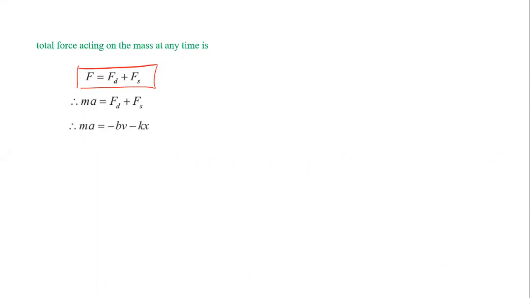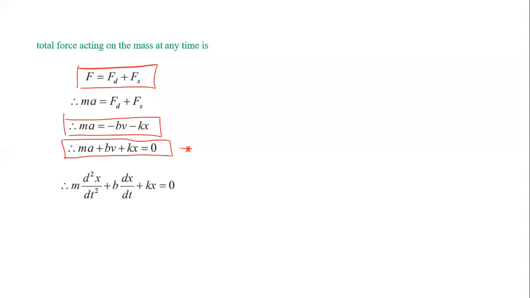So ma is equal to minus bv, and Fs is minus kx. So we substitute and we get this formula. Now we transfer this minus bv and minus kx to the left hand side. So we get the formula: ma plus bv plus kx is equal to 0.